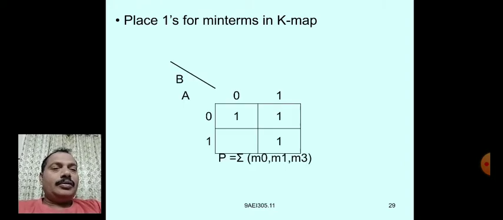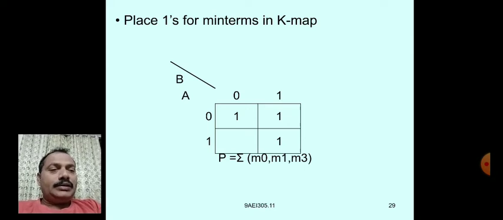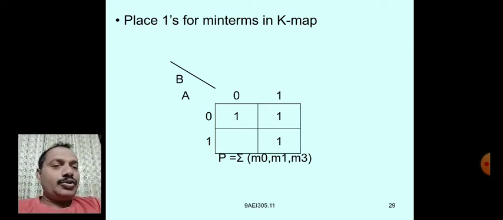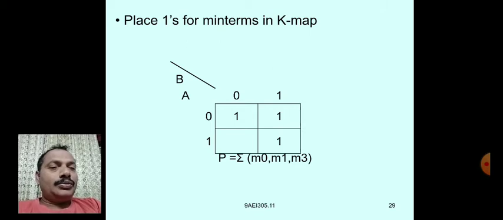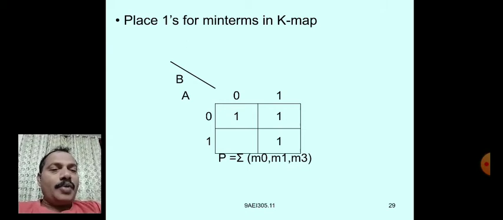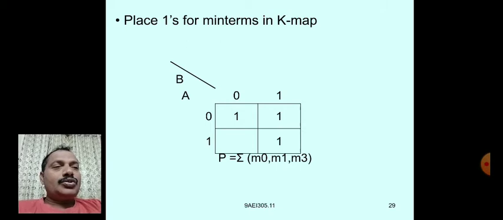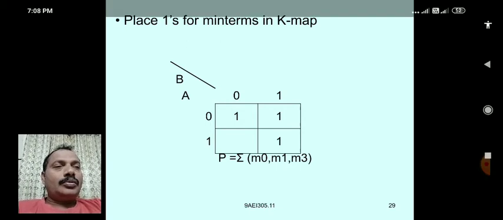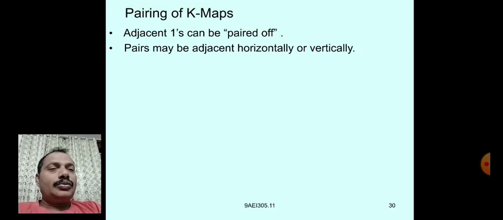So P equals sigma M0, M1, M3. Only three ones are there in the truth table output P. So you have to fill those three ones like this, and only two variables are there, A and B. So you have to make groups of pairs, because only pairs are possible.